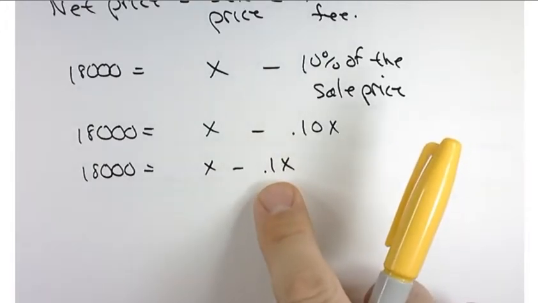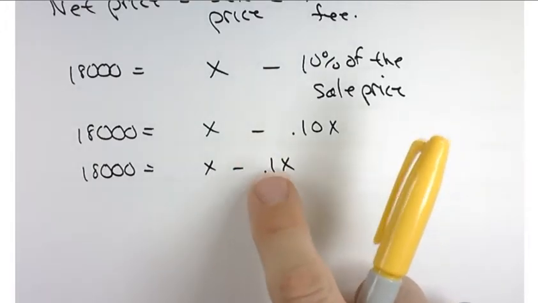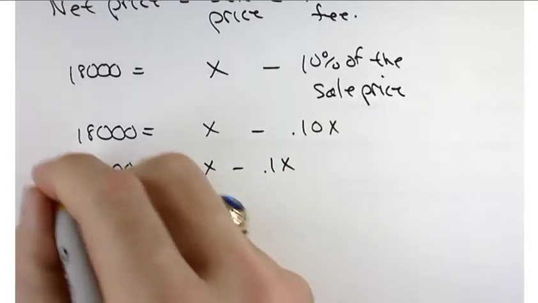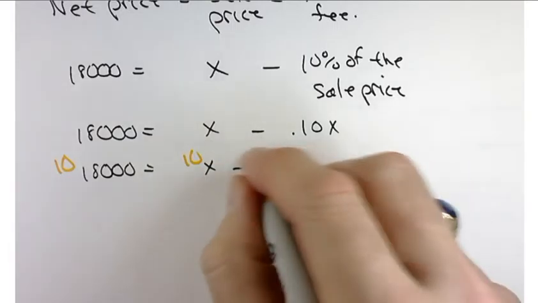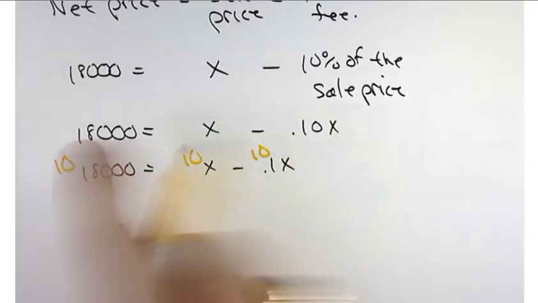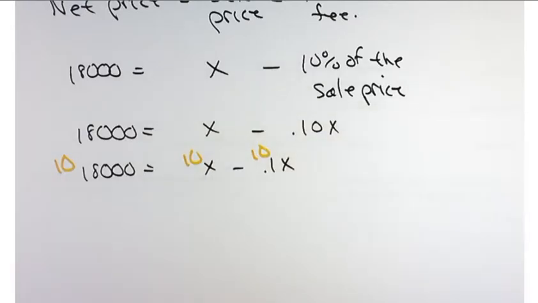How far do I need to move the decimal to get rid of the decimal here? One place to the right, so what should I multiply by? Just 10. If you wrote 0.10 and you multiply everything through by 100, great, that'll work fine. If you say this is just 0.1, multiply by 10. Make your life easy, right?